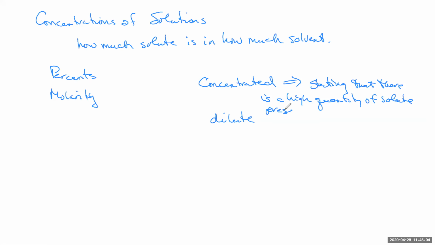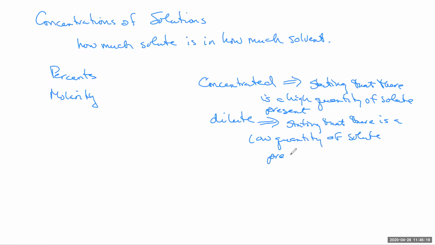It doesn't tell you exactly how much, but it's telling you there's a lot of it in there. And dilute is stating that there is a low quantity of solute present. So a concentrated solution contains more solute per amount of solution than a dilute solution would.